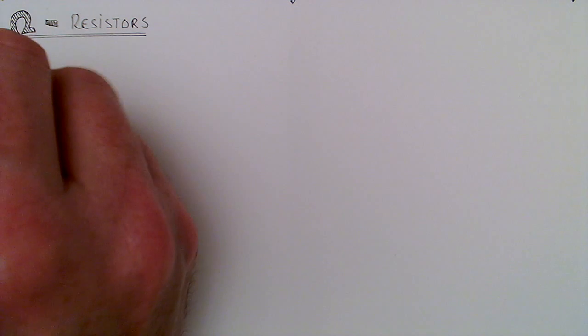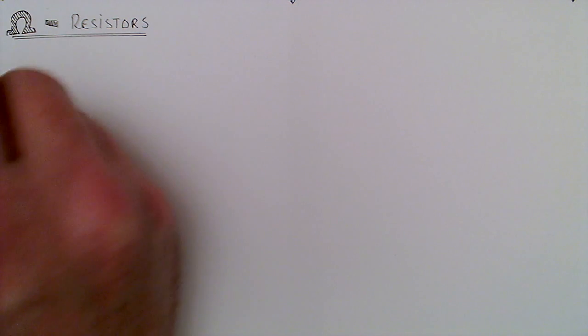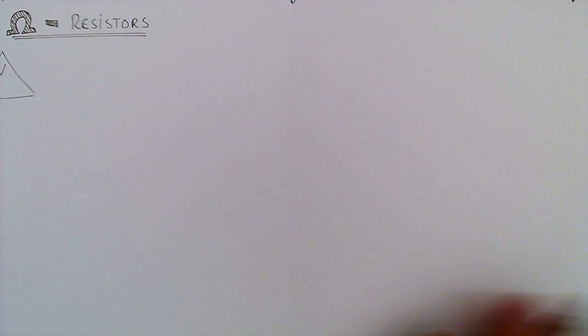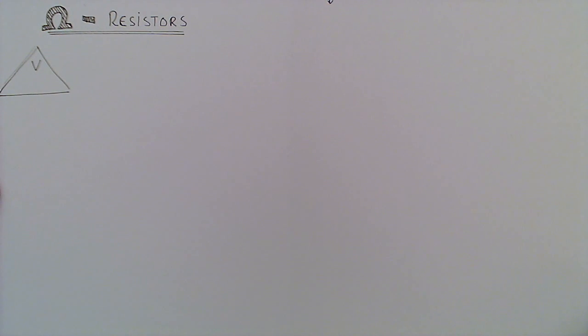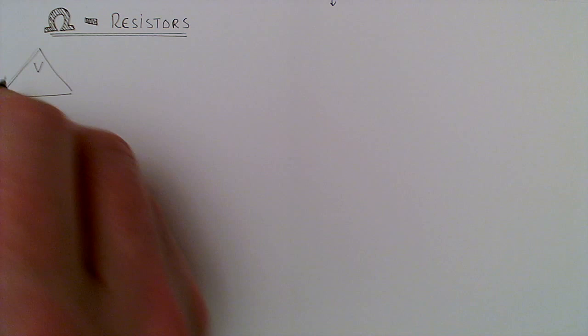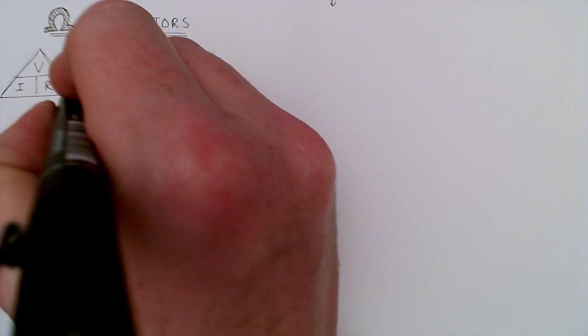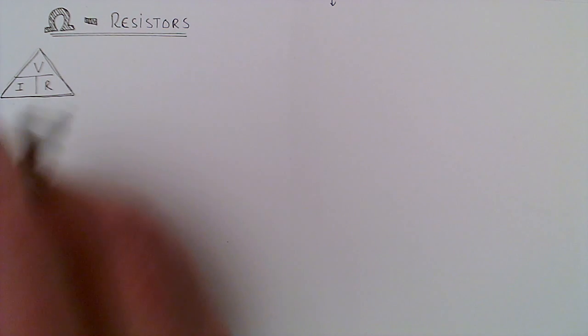So let's have a quick reminder. It's good if you get into the habit, when you're working with electronics, of recording your formula and putting it down somewhere, especially Ohm's law, as this can be the first one that you're probably going to encounter in the examination.